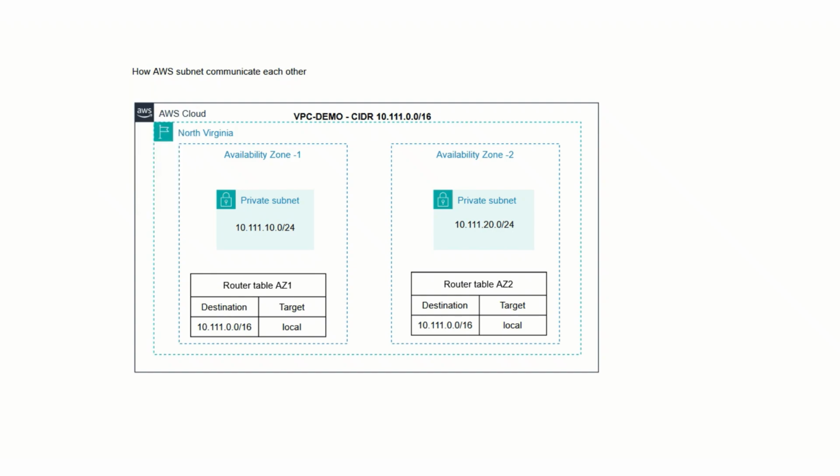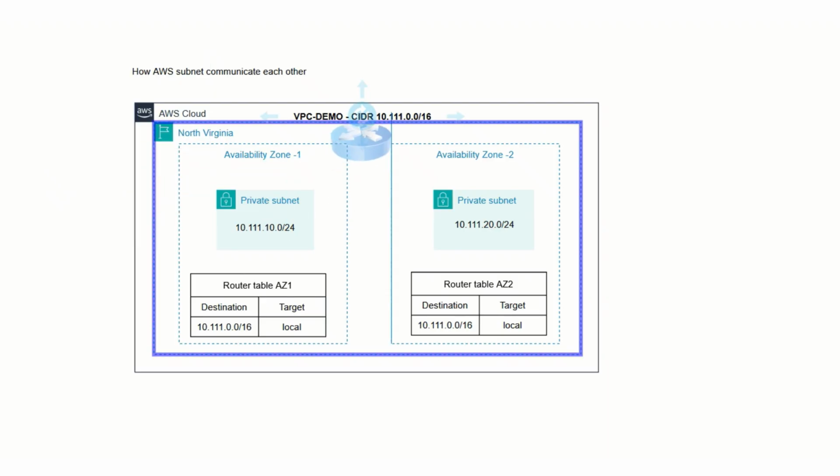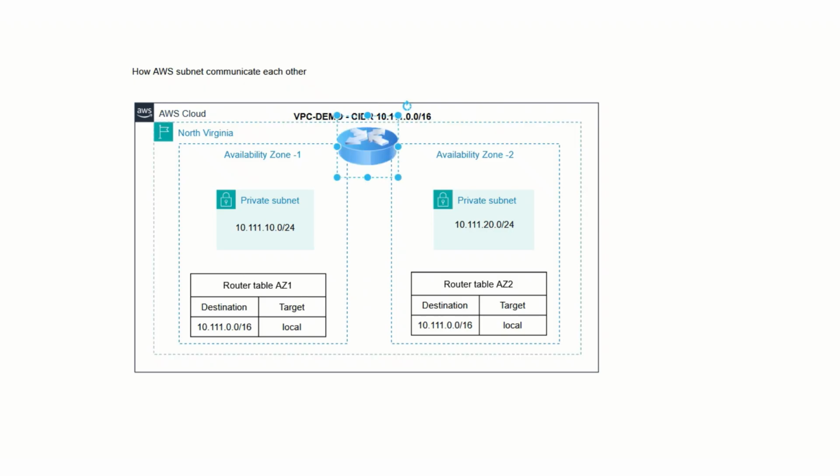I'm trying to get some router icon. Just consider this a router. This is a VPC router. So whenever we are creating the route table, one of the IPs will get connected with the subnet.